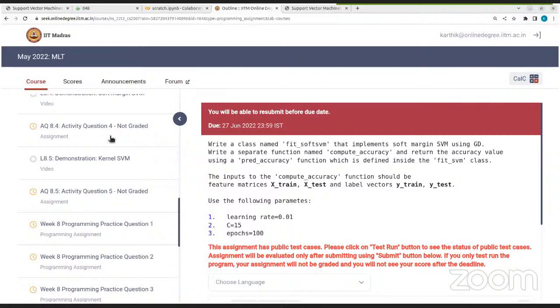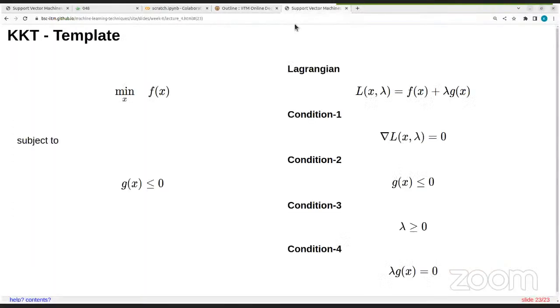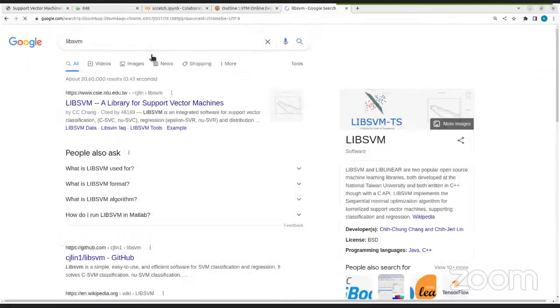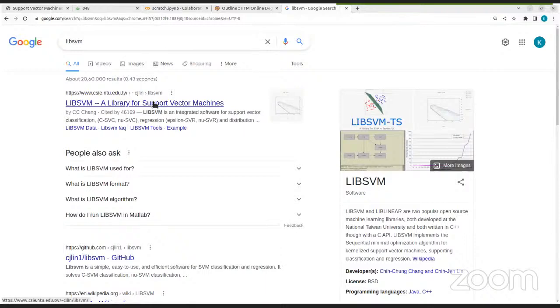Typically, if you look at all SVM solvers, they try to solve the dual problem. Even sklearn uses two libraries called libsvm and liblinear, I think two different libraries.